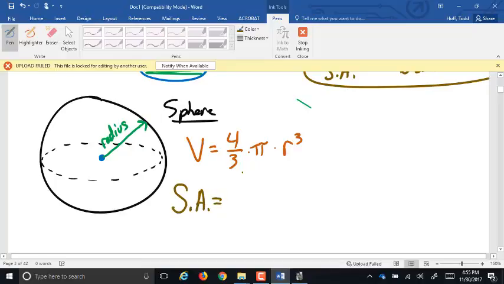The 4/3 in that formula is just one of the constants that comes out as you do the calculus for that shape, for a sphere. Surface area is 4 times pi times the radius squared.